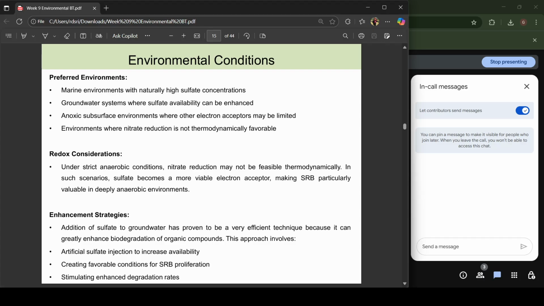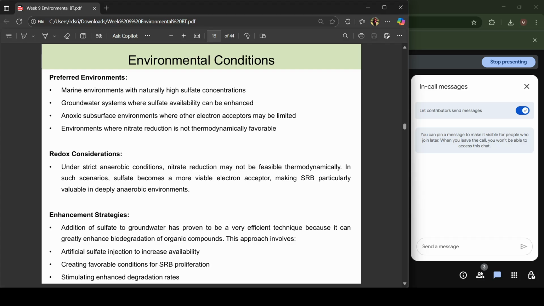So whenever the organism cannot use either of the above components, it uses sulfate. Coming to the redox considerations, under strict anaerobic conditions, nitrogen reduction is thermodynamically limited. So in that case, sulfate becomes a good option as an electron acceptor, and here the sulfate reducing bacteria are able to actively survive.